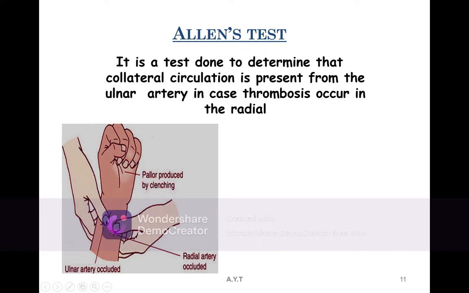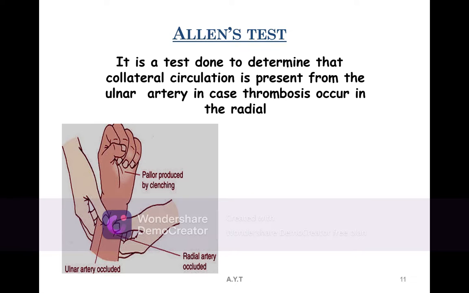It means the ulnar is dominant. And then you go for the radial artery, leave the ulnar and compress the radial artery. If the radial artery is pressed and the hand becomes pale or blue, it means the radial is the dominant artery in this patient. So do not go for the radial artery puncture.